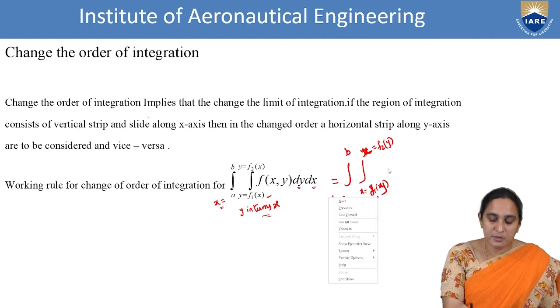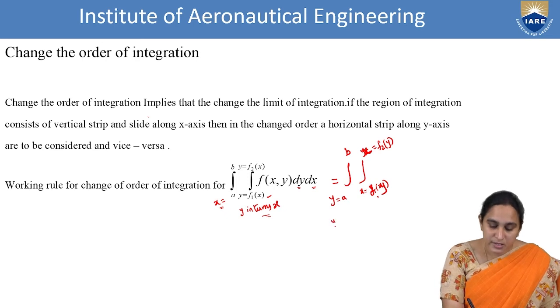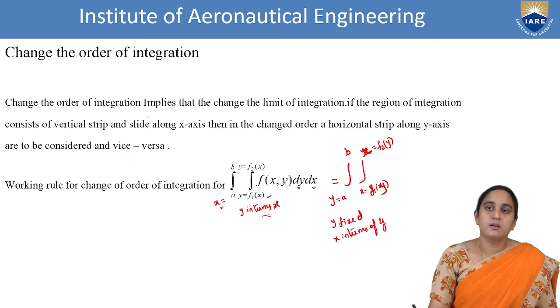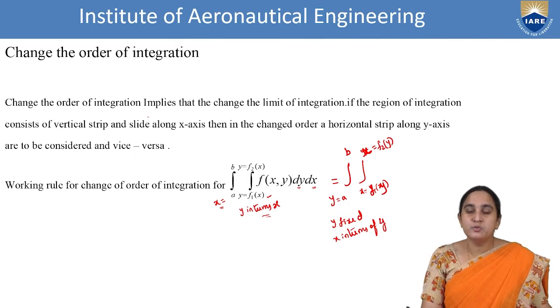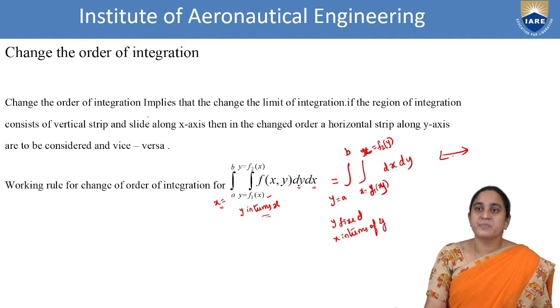How do I change it? By using a horizontal strip, I convert the dy dx form into dx dy form.